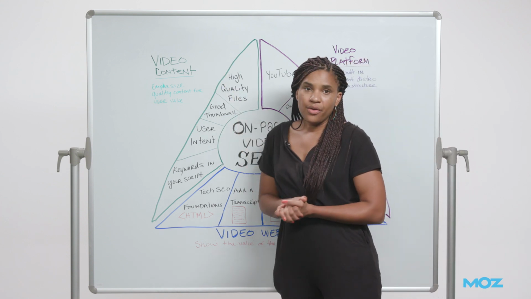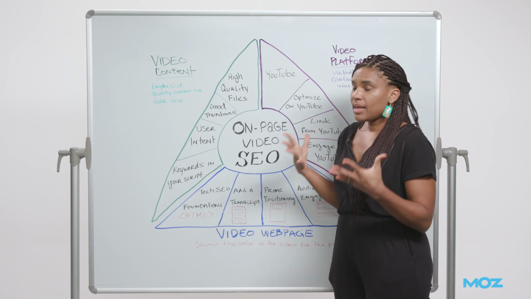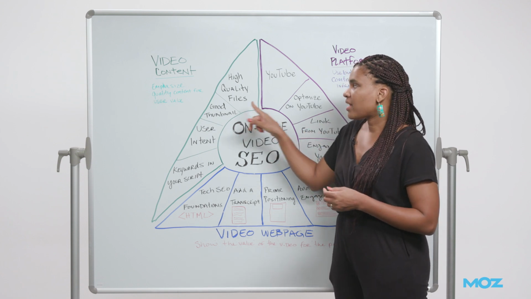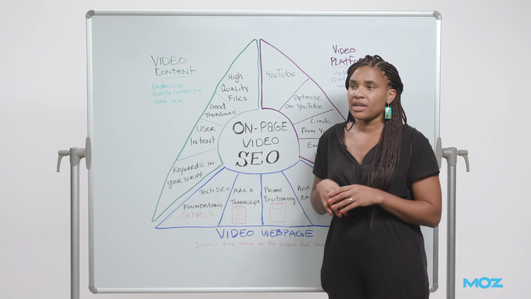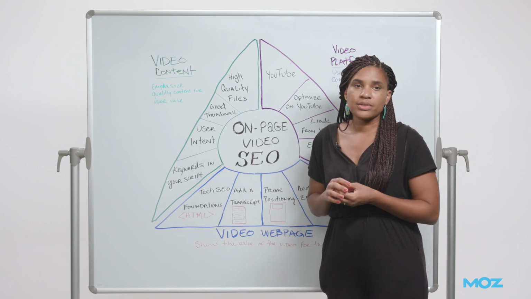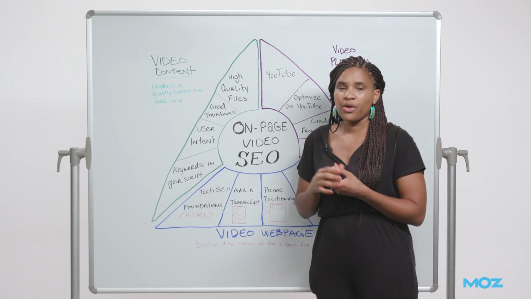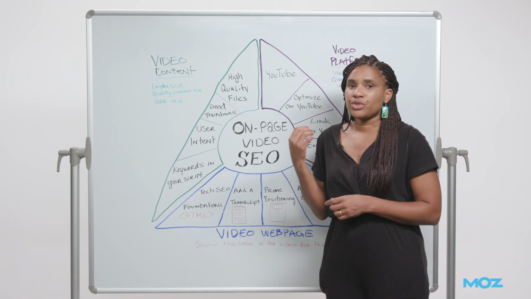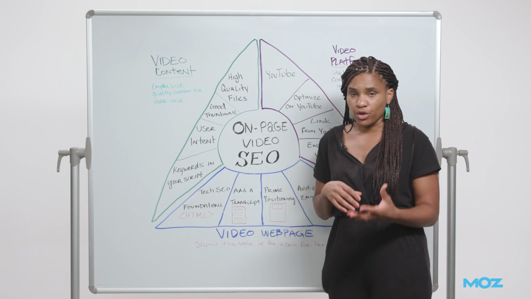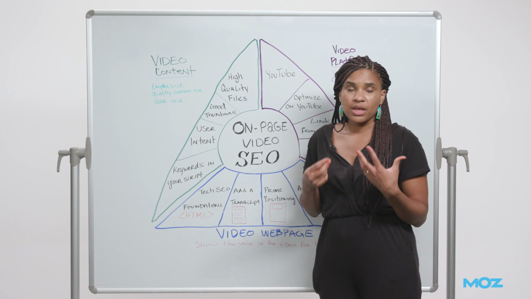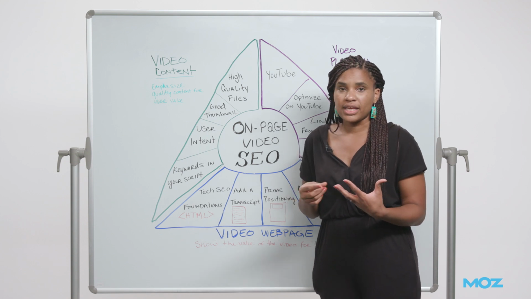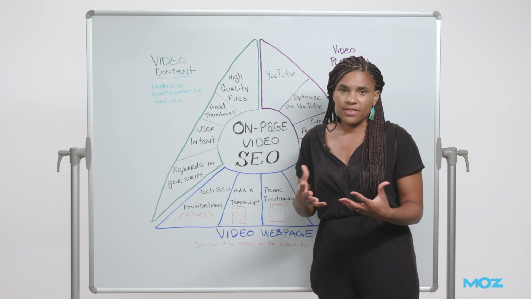So your video content, essentially when we're thinking about quality, the first thing you want to think about is high quality files. This is a fairly straightforward operation. Essentially, you want to get the best quality files that you can. So if you're doing video, you want to try to shoot in 4K. When you're doing your images, you want to make sure that they're a good resolution, and make sure that your audio is as good quality as you can get for the content that you're creating.